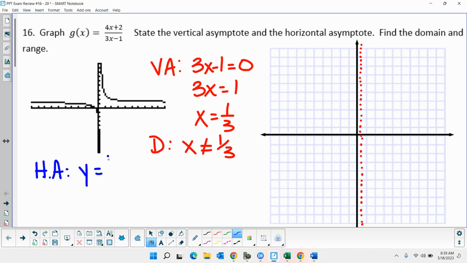So it's the coefficient of the numerator variable divided by the coefficient of the denominator variable. And that means your range is all real numbers except 4/3. So that's 1 1/3. So that's about like that.